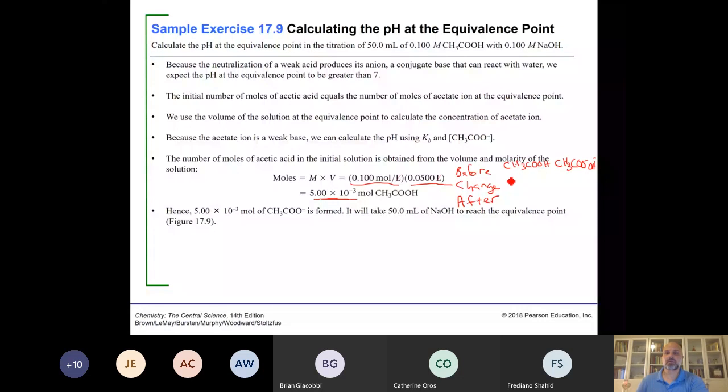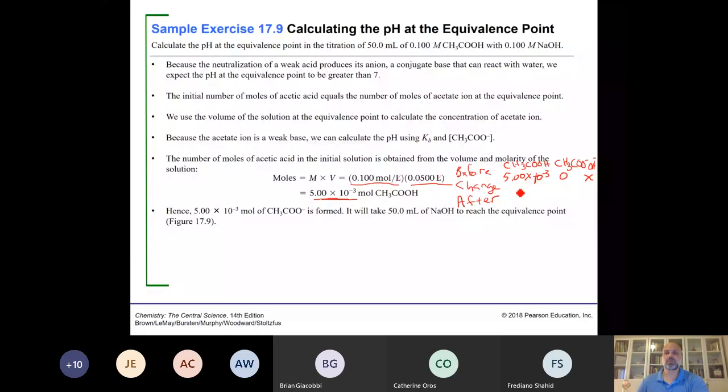Our before here is 5.00 times 10 to the minus 3, our initial here is 0, and X is our initial concentration that we need to figure out for the hydroxide.